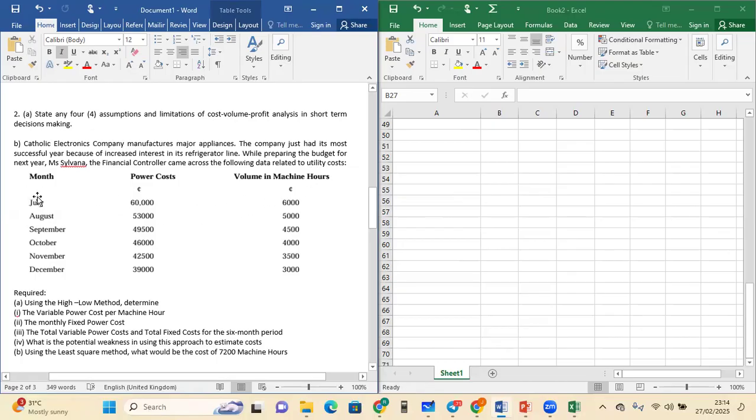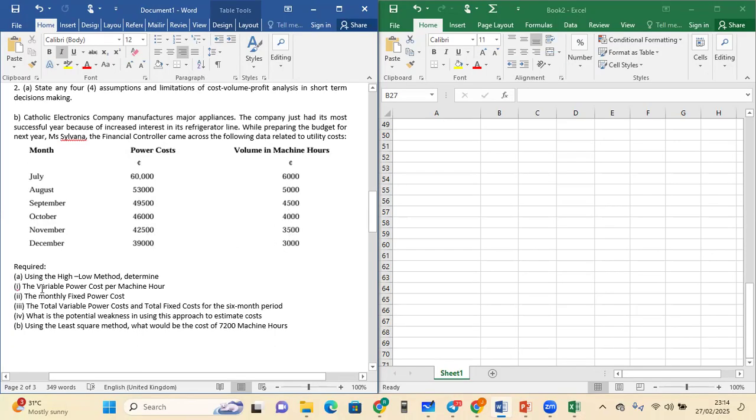We have the months July, August, September, October, November, December. The power costs are 60,000, 53,000, 49,500, 46,000, 42,500, 39,000. The machine hours are 6,000, 5,000, 4,500, 4,000, 3,500, and 3,000.